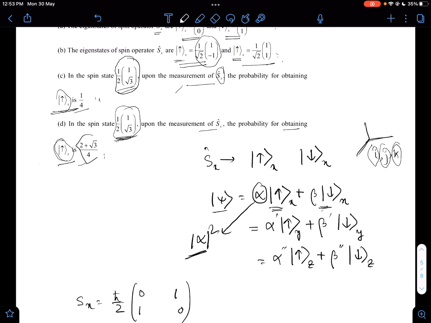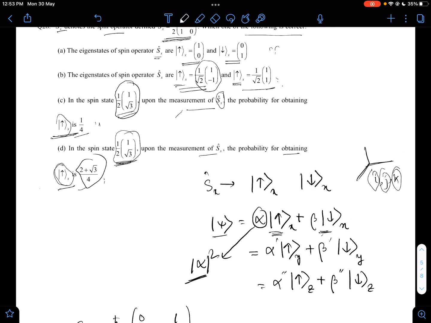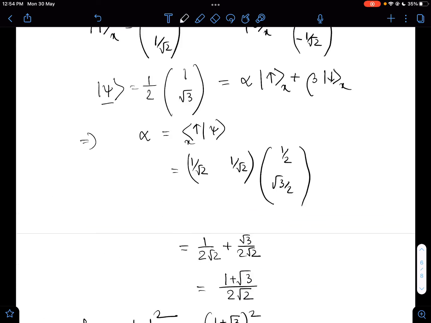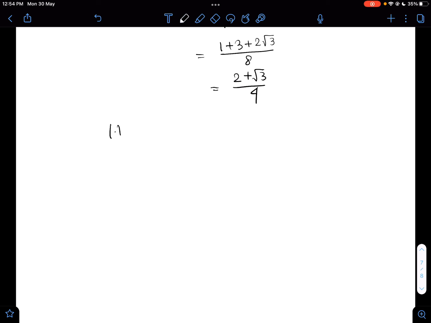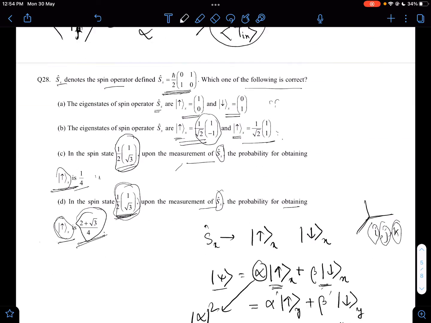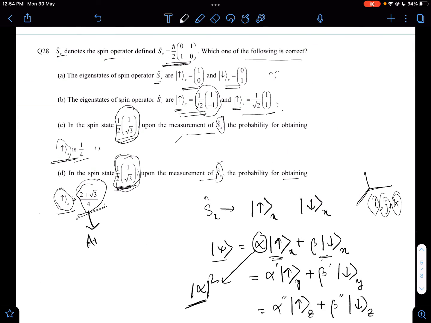That is the probability that if we have this spin state and we measure Sx, then we will get up spin with this probability. And the probability of getting the other state will be 1 minus (2 plus root 3) by 4, so it will be (2 minus root 3) by 4. So this is our correct answer.